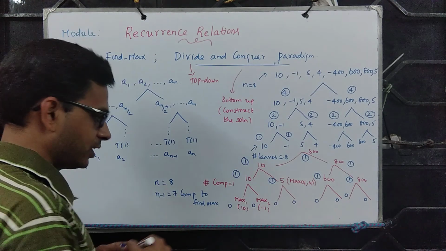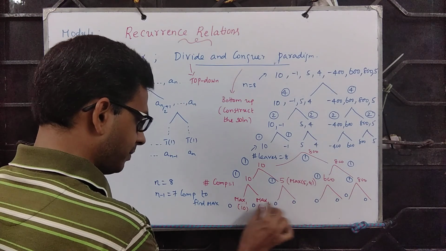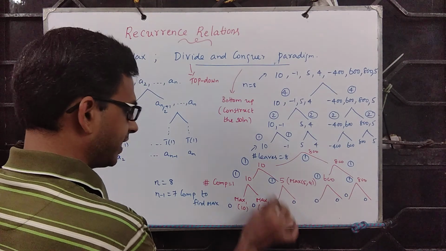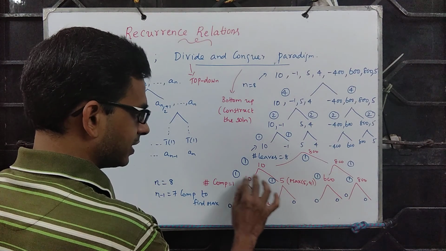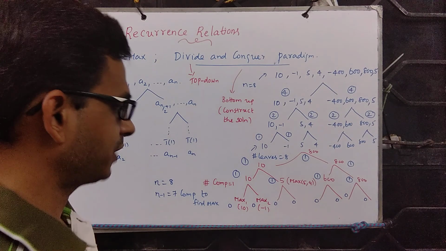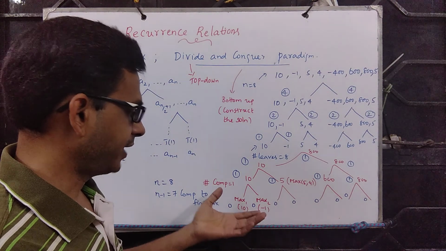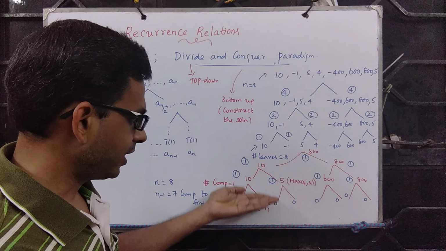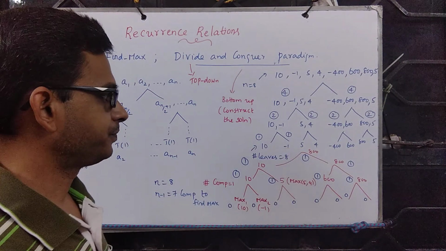So find the solution for the sub-arrays, use that to get the solution for the larger sub-array, and then use that to get the solution for the actual given array. That's essentially the idea. So you keep building the max bottom up until you reach the root.